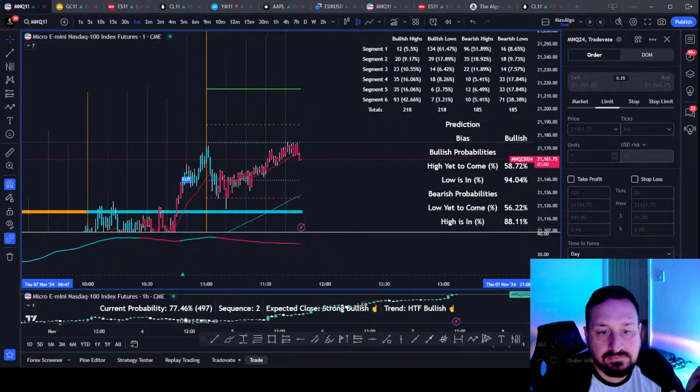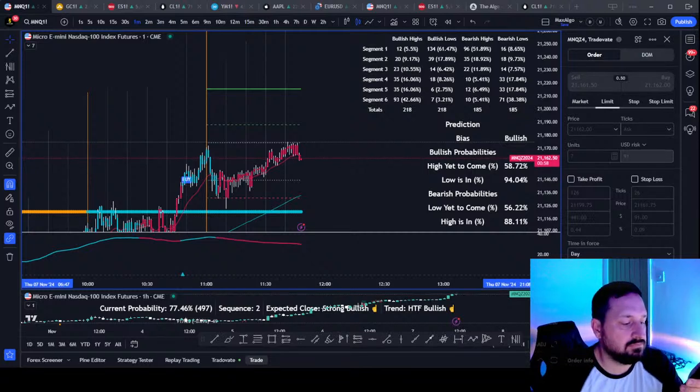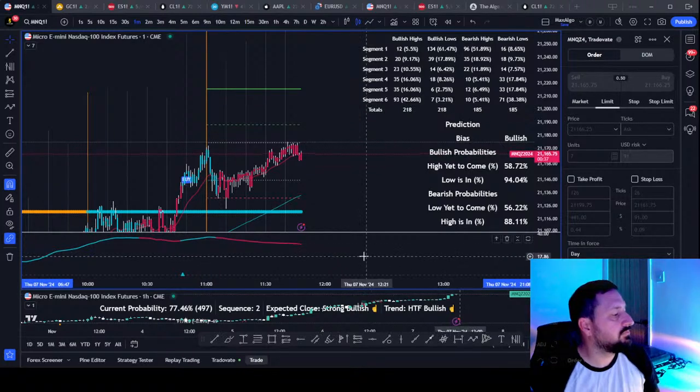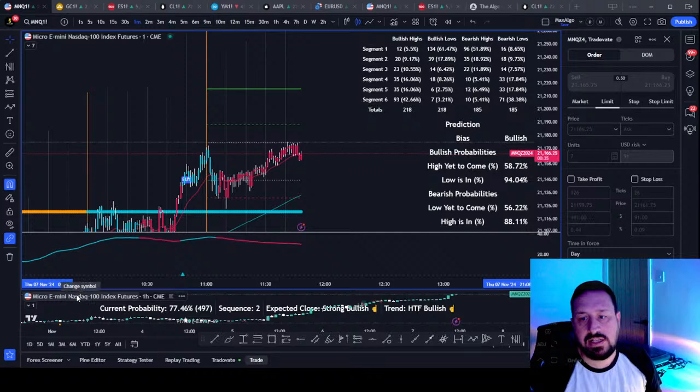Current probability. It's because you're using contract. Oh, hang on. Am I using the same contract? Is it the contract? You're using December? There's less data?